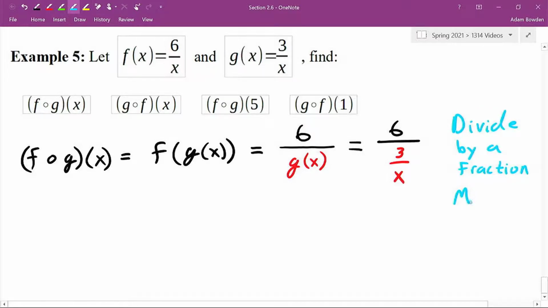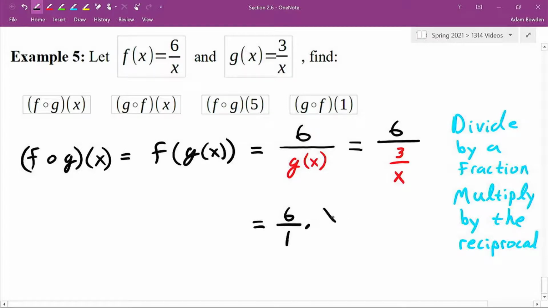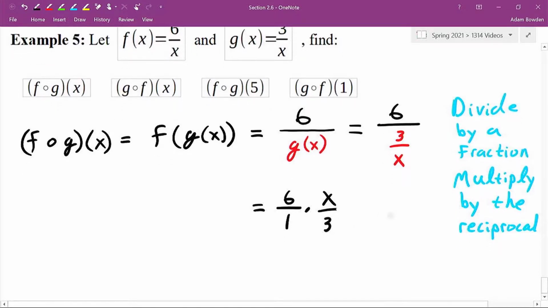Here, notice how we now have a fraction underneath, and if you divide by a fraction, what I'm going to do is change that to multiply by the reciprocal. So, in other words, I'm going to take this and change it over to 6 over 1 times x over 3. And what that would look like is 6x over 3. And 6x over 3 divides to just a simple 2x.